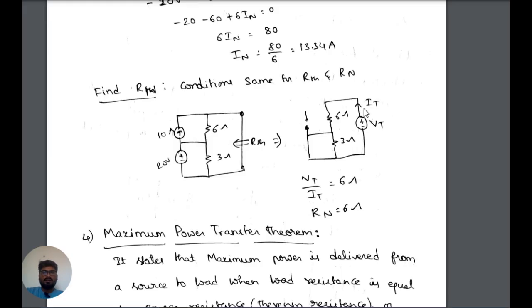So the remaining elements are these two. They are in series, but there is a short circuit across the 3 ohms, so the current will bypass it. So the equivalent value will be 6 ohms.